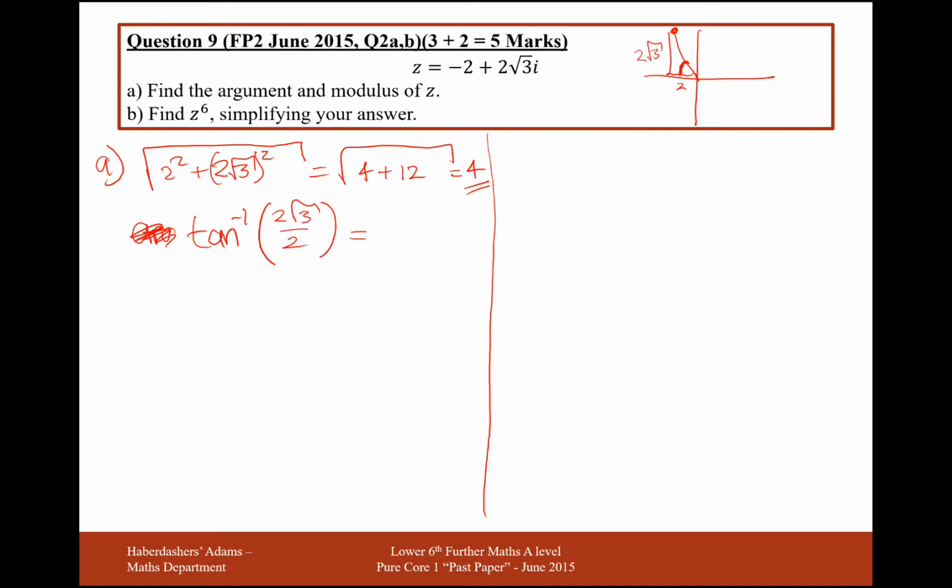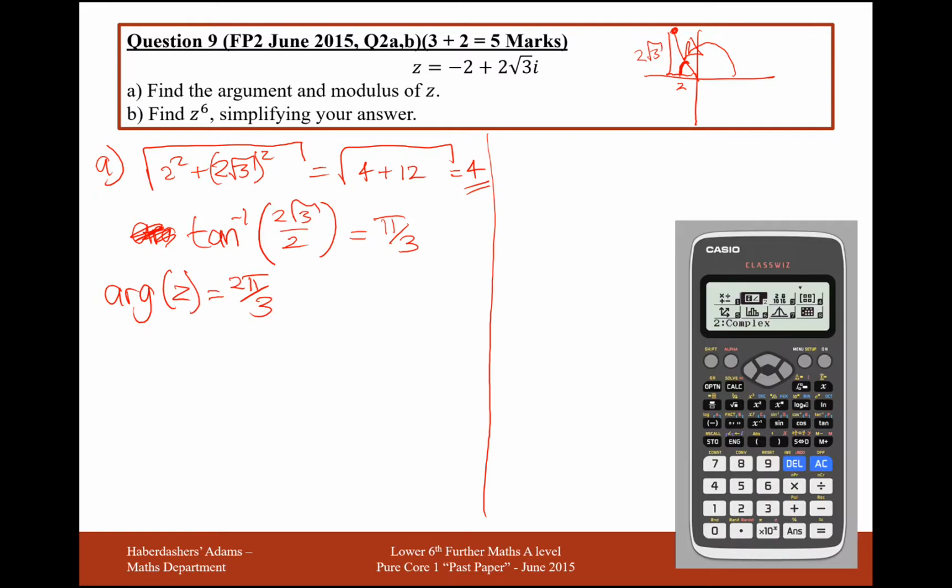That's tan minus 1 of root 3, which is pi by 3. However, that's not the answer to the question. Now, our question wants us to find the argument, which is this angle round here. So the argument of z is equal to 2 pi by 3.